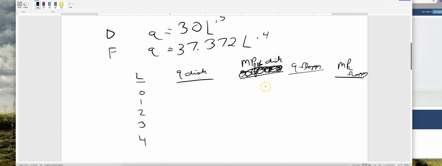So basically what you're going to do here, when labor is 0, these would be 0. But then basically what I want you to do is put 1 in for this, solve it, and find out how much the quantity changed. That's going to be your answer here, right? Then put in 2, and then your quantity will have increased. That difference in the quantities, that's going to be your MPL here. Then repeat the same for floppy, same process. What I'm hoping that you're going to find, at least what I found, is that the marginal productivity of labor is greater for disk. Confirm that by filling out the rest of this chart.